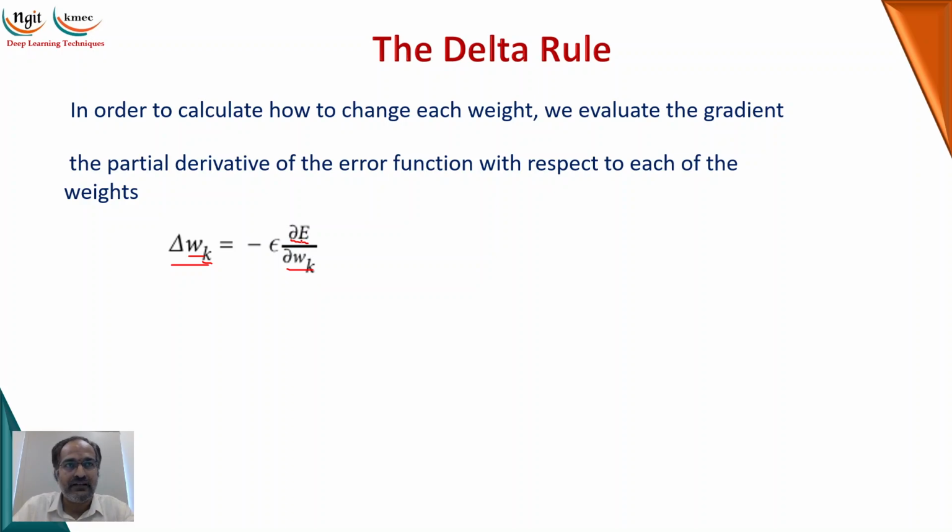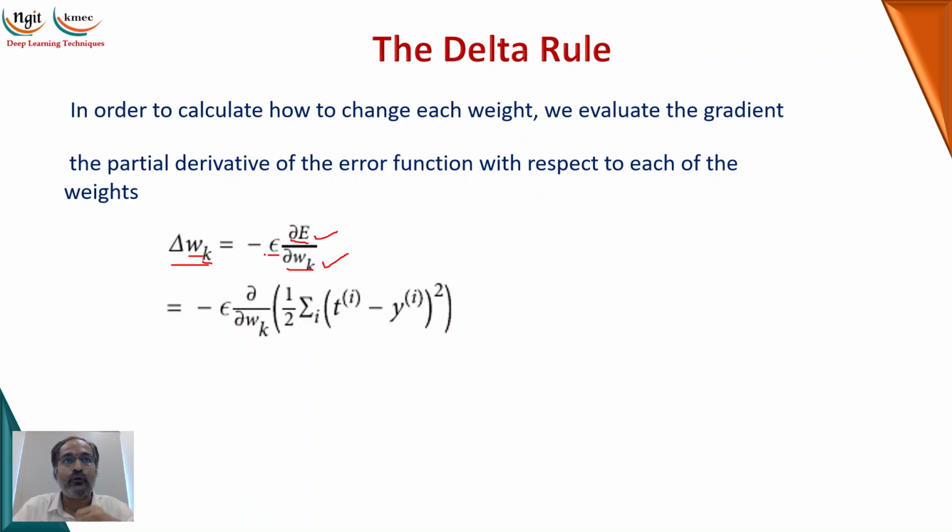It represents the derivative of E, that is the error, with respect to weight WK, and we have to multiply that with epsilon, that is the learning rate. We have to multiply the calculated gradient with epsilon. So this is the weight change we have to calculate.